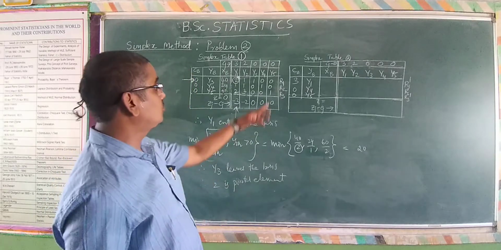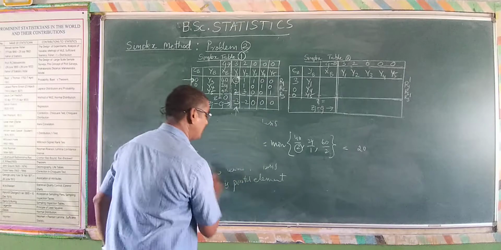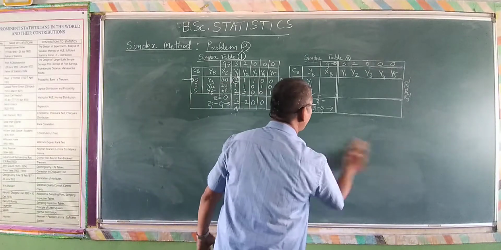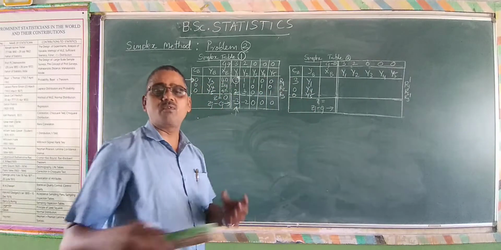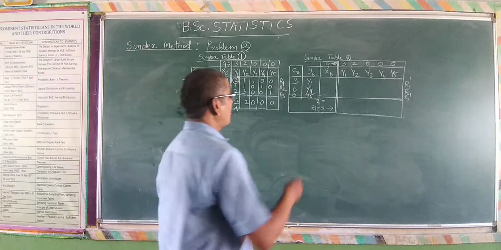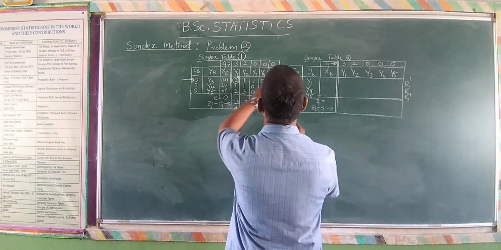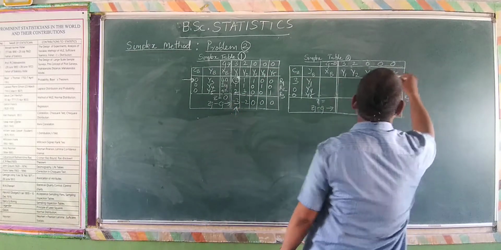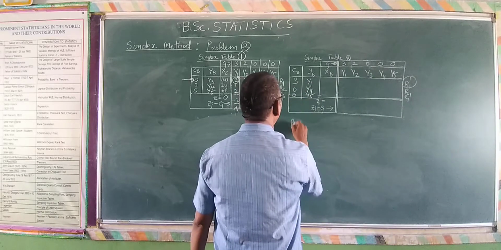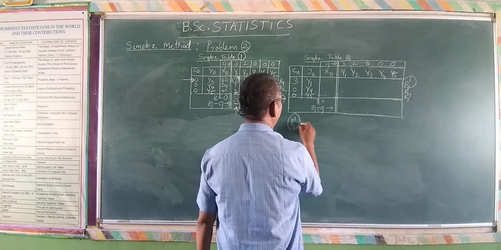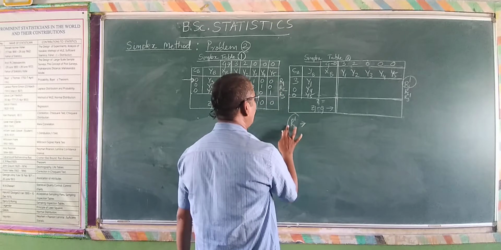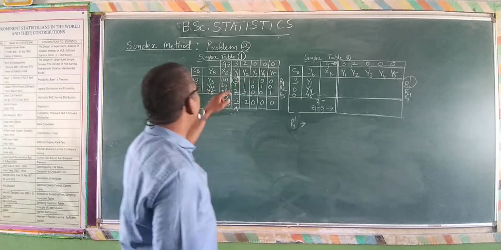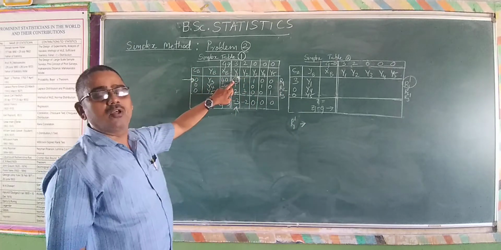Now you have to see the operations. First of all, which row is going to be entered? R1 dash. So first we write R1 dash. What is the element we have to convert? Unity.